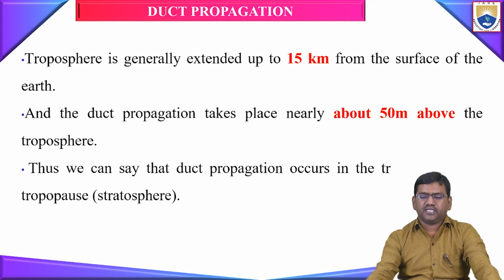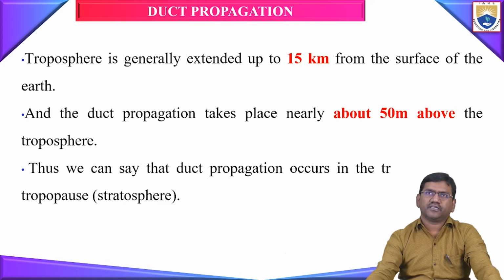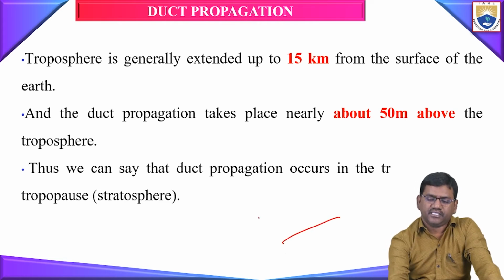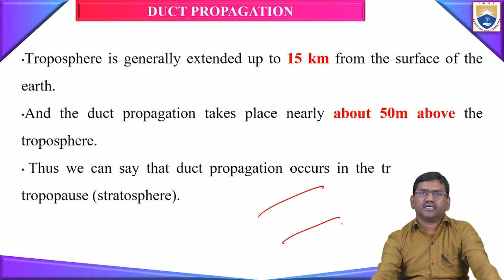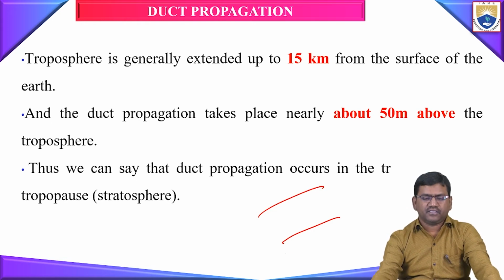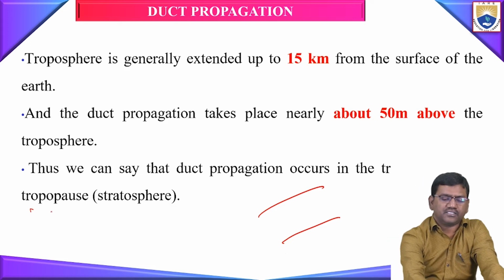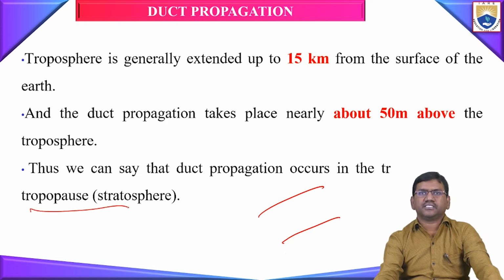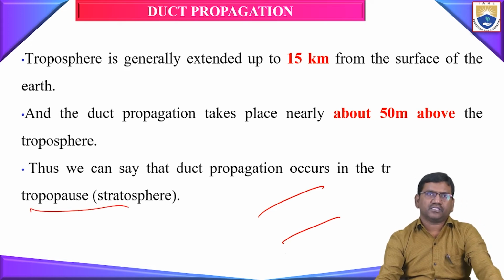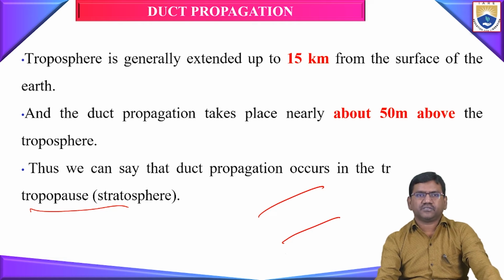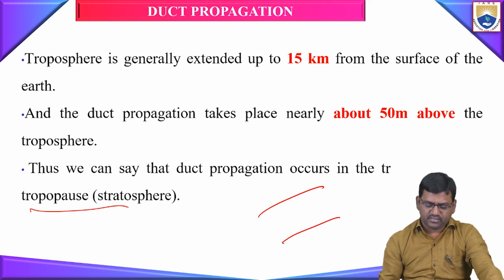So 50 meters is the range where duct propagation takes place above 15 kilometers from the surface of the earth. Thus, we can say that duct propagation occurs in the tropopause or stratosphere. In the tropospheric region, we simply call it the tropopause. We can also call it the stratosphere region. Above the troposphere, there is another layer known as the stratosphere, so that propagation takes place in the stratosphere.